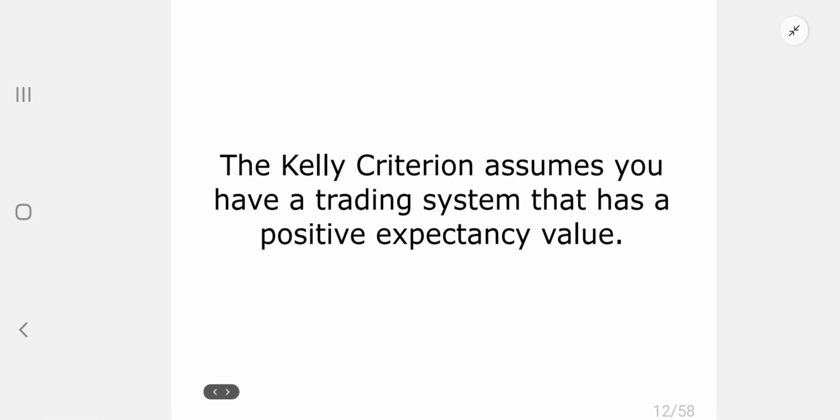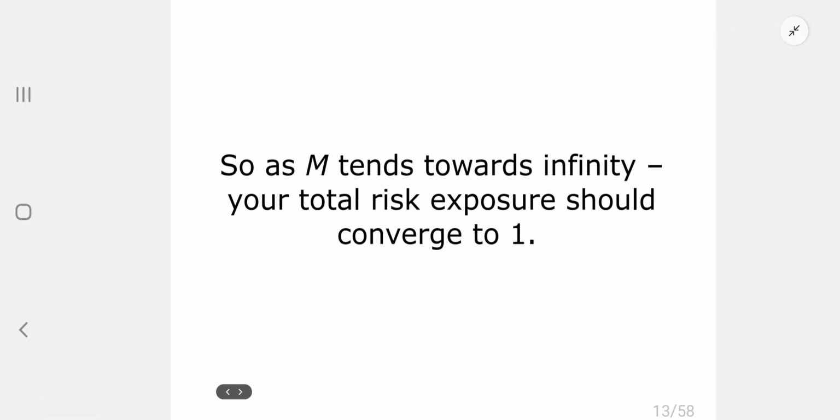The Kelly Criterion assumes you have a trading system that has a positive expectancy value. So as M tends towards infinity, your total risk exposure should converge to 1.